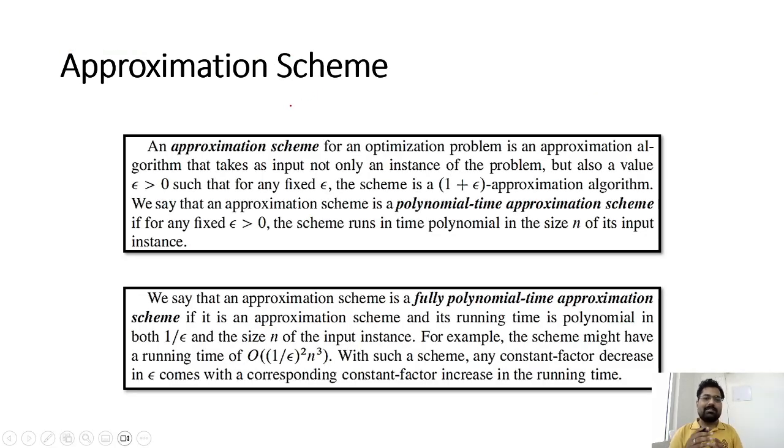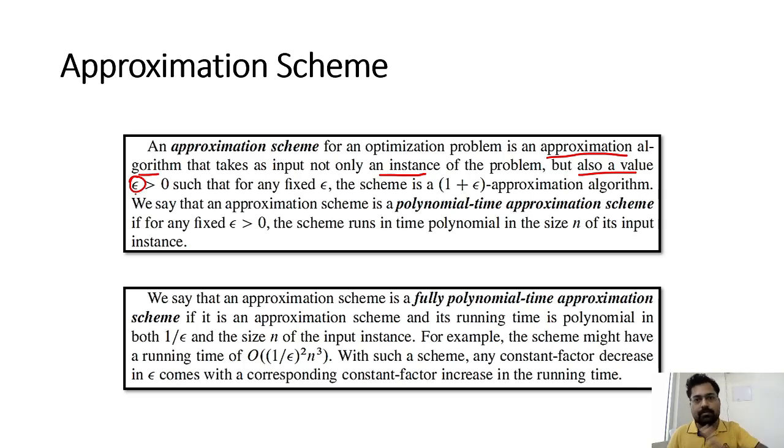Now we will discuss the approximation scheme. Okay. So, an approximation scheme for an optimization problem. An optimization problem is all about finding a minimum or a maximum. Clear? An approximation scheme is an approximation algorithm that takes an input size. In general, whenever we take the input size, we are not only following the instance of a problem, but they have also introduced a value epsilon, which is definitely greater than 0.